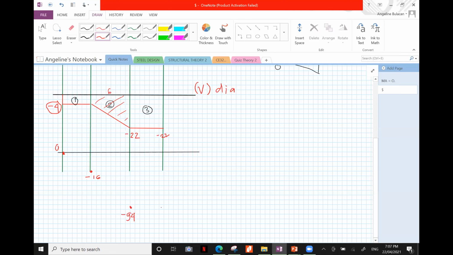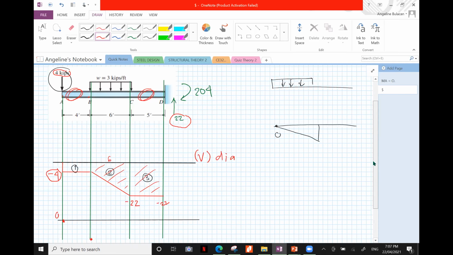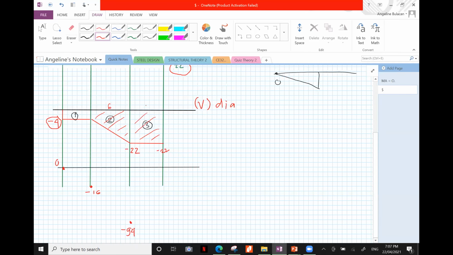Tapos, para naman dito sa point na to is this area 3. So, negative 94 plus area 3, which is also negative. So, area is 22 times, ano yung distance? 5. This is 5. Area 3 times 5. So, we have negative 204.